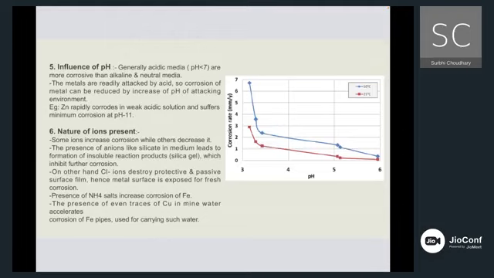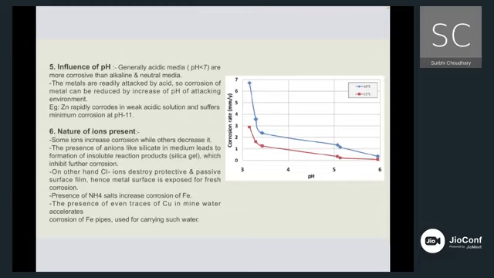Another one is the nature of ions present. Some of the ions increase corrosion while others decrease it. Means the presence of certain ions increases the rate of corrosion very high as compared to others which decrease it. The presence of ions like silicate in the medium leads to formation of insoluble reaction products like silica gel which inhibit further corrosion.